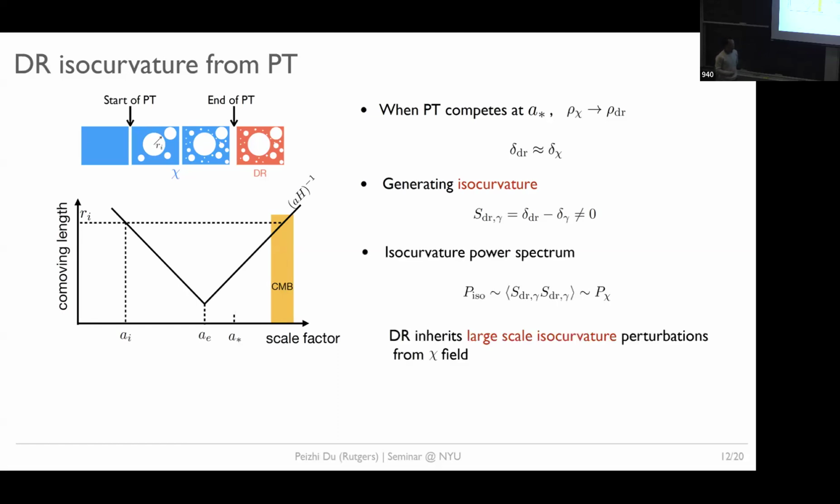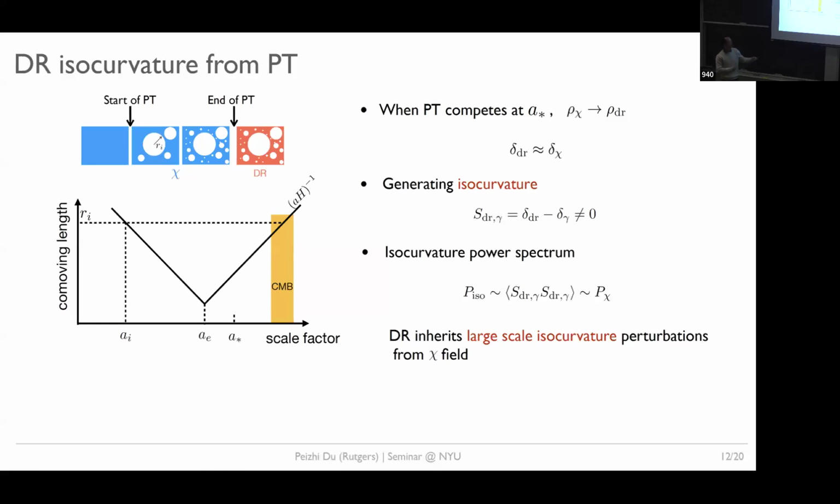In order to generate any observables, let's say from the CMB, what we care about is the power spectrum. What is the primordial isocurvature power spectrum? It is a 2-point function of this S parameter, which becomes a 2-point function of the dark radiation, which becomes a 2-point function of the Chi field, and we calculated this from our simulation before.